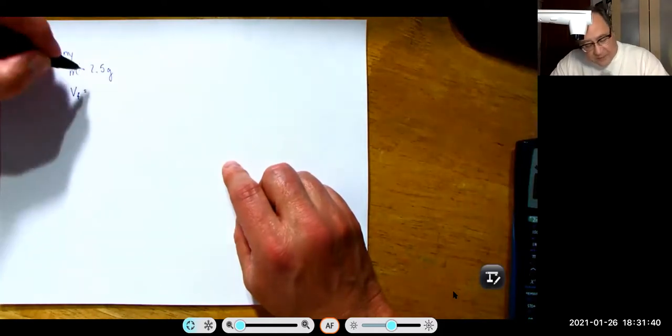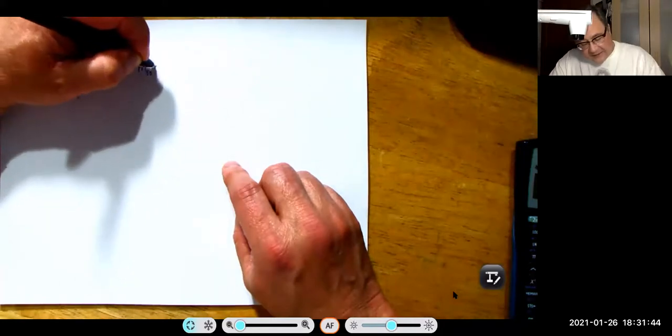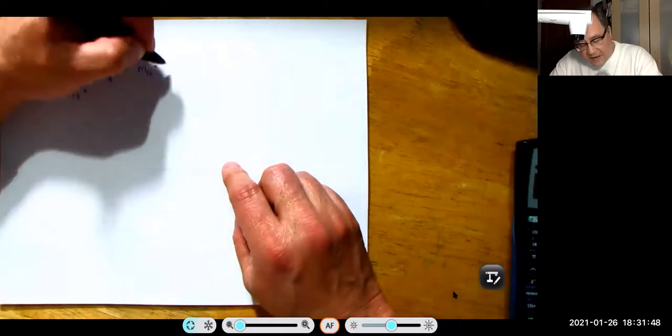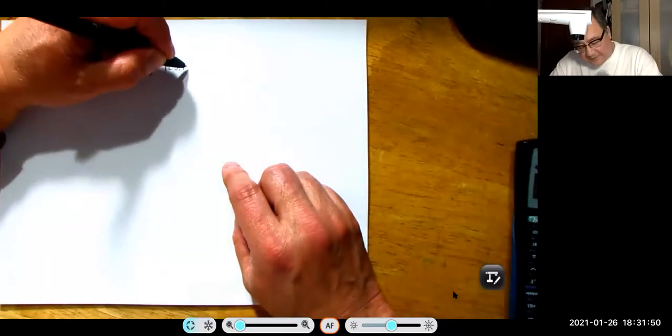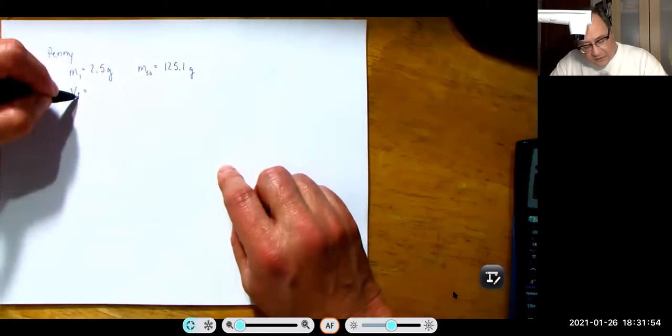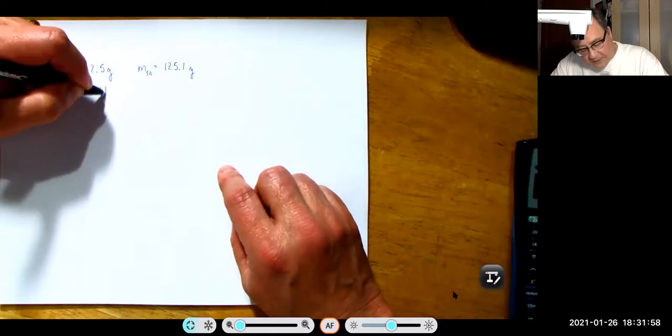Actually, the mass of 1 penny is 2.5 grams, and the mass of 50 pennies is 125.1 grams. So the volume final for the 50 pennies, let's call it 44.1 milliliters.